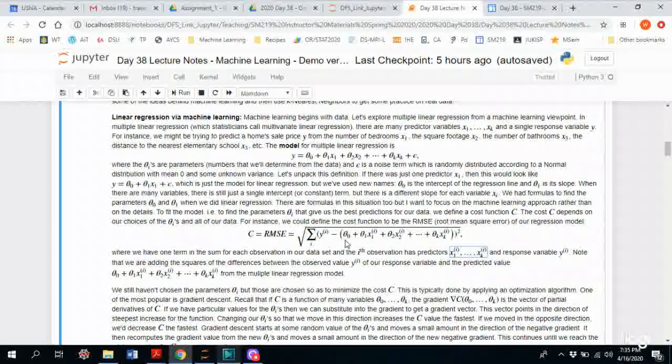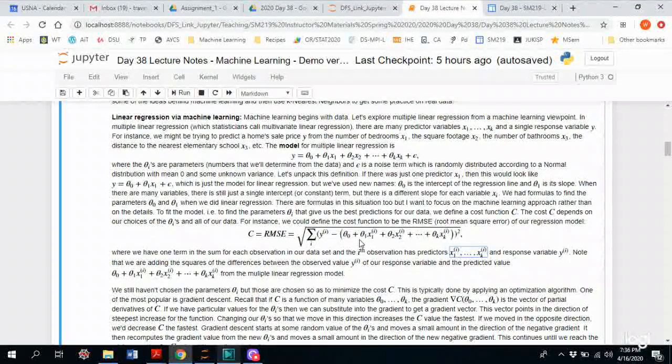And so this quantity on the right side of the expression is the regression prediction for the y value given that we know the x's. That's given by the formula that comes from our model, but we've dropped the noise term.